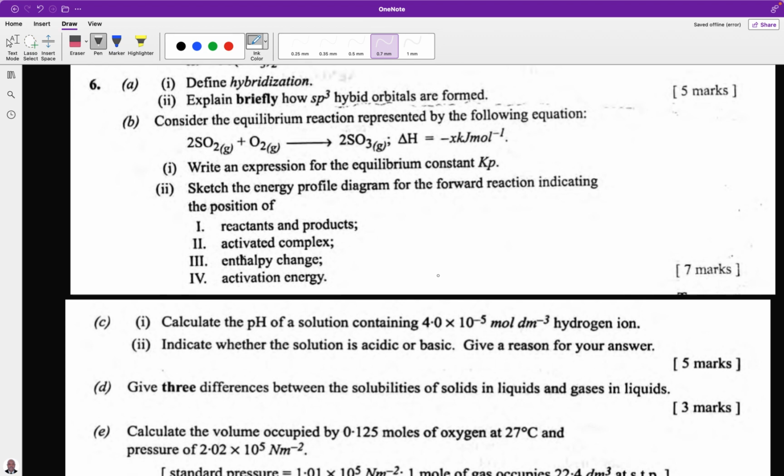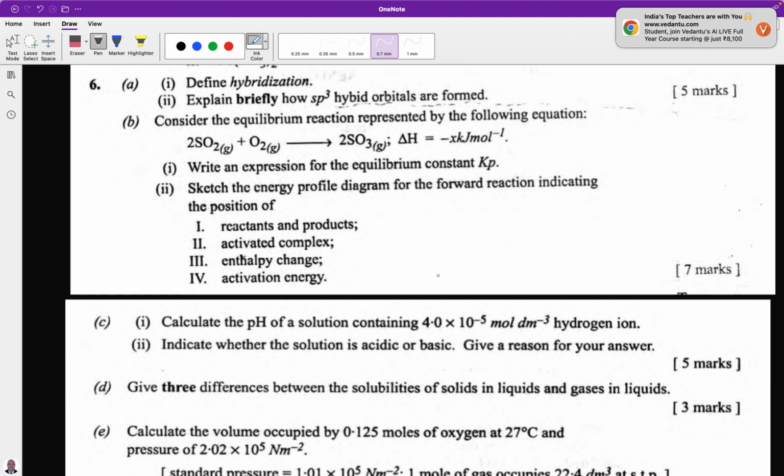Question number 6A. 1. Define hybridization. 2. Explain briefly how sp3 hybrid orbitals are formed. Okay, what is hybridization?